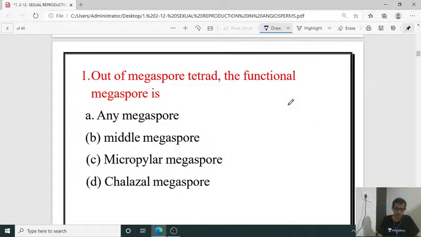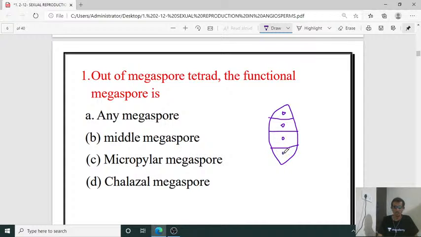which one? So out of 4 megaspores, isn't it? In the case of female gamete formation, or female embryo sac formation, 4 megaspores are going to be formed after the meiosis.